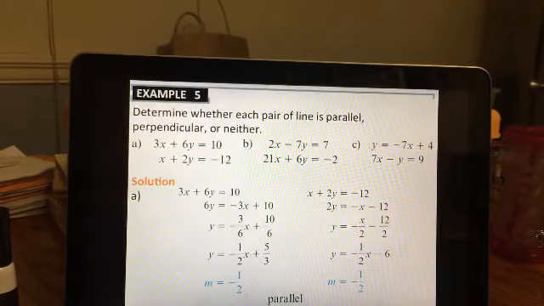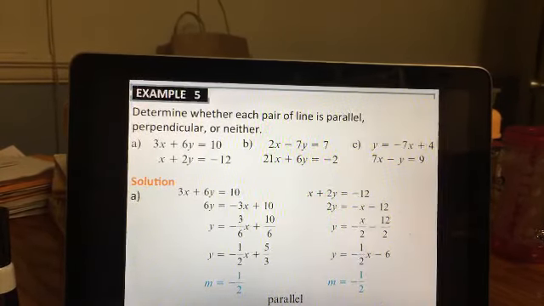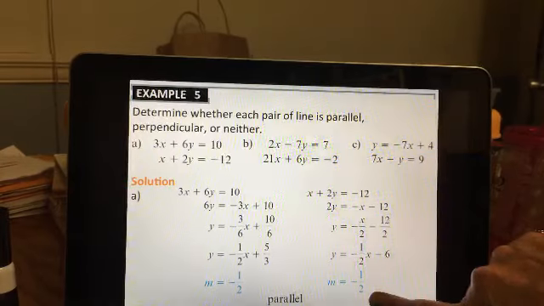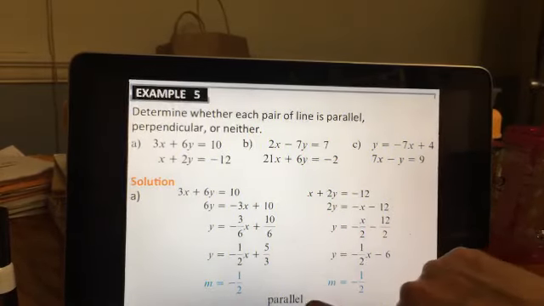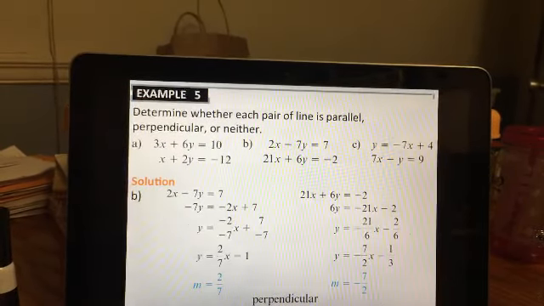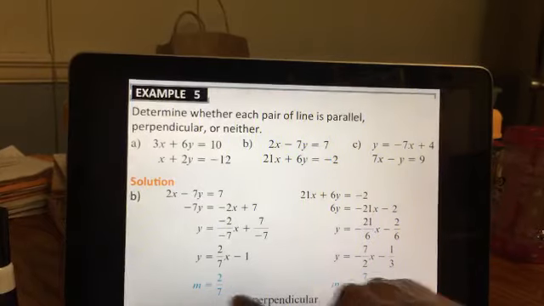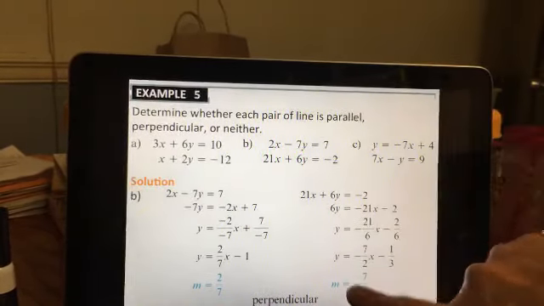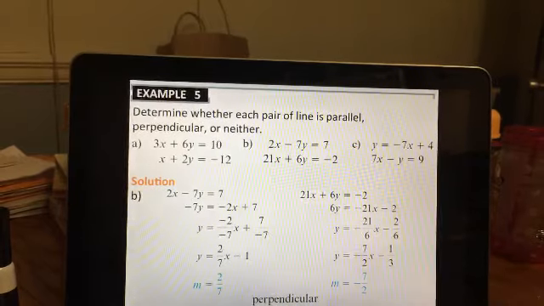So this is A, and they're grinding through to show you the slope-intercept form of each one and getting the slope to show that they are parallel. On B, you're showing that the slopes wind up being the flip, the reciprocal, and opposite signs, so they are perpendicular.